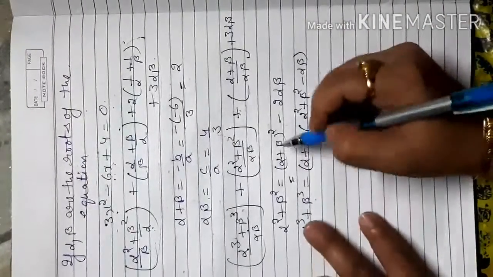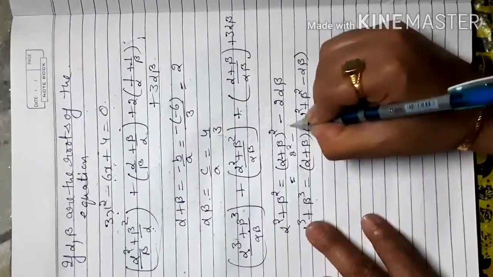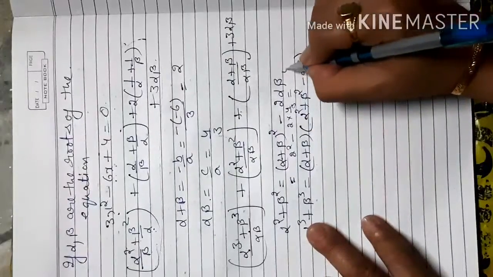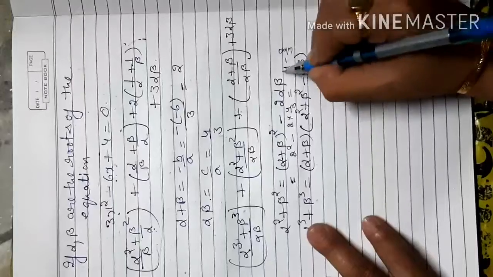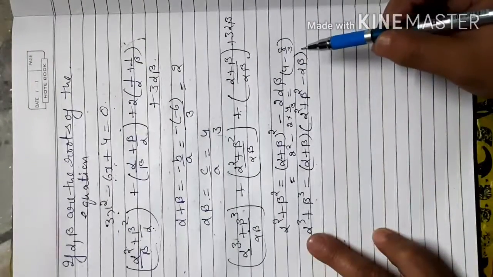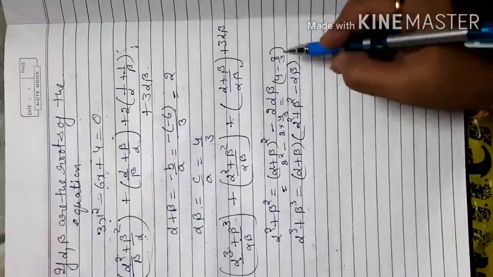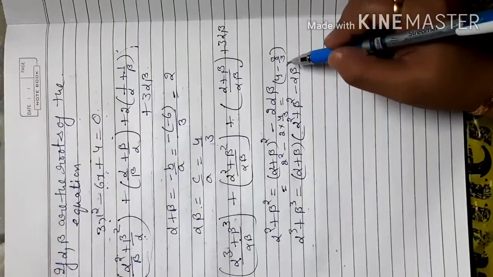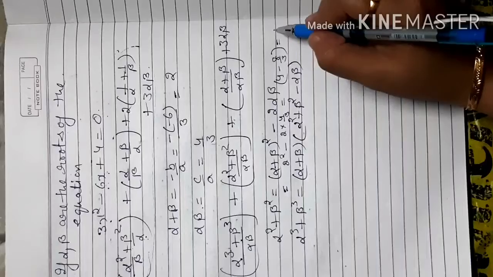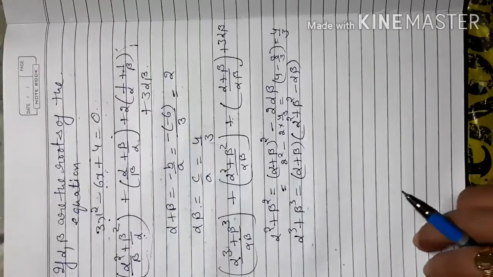So when I apply it here, alpha plus beta square is 2 square minus 2 into 4 by 3. So that gives me 4 minus 8 by 3. So when I calculate this alpha square plus beta square value, if I take the LCM here, that is 12 minus 8, that is 4 by 3. That is again 4 by 3, that is the alpha square plus beta square value.